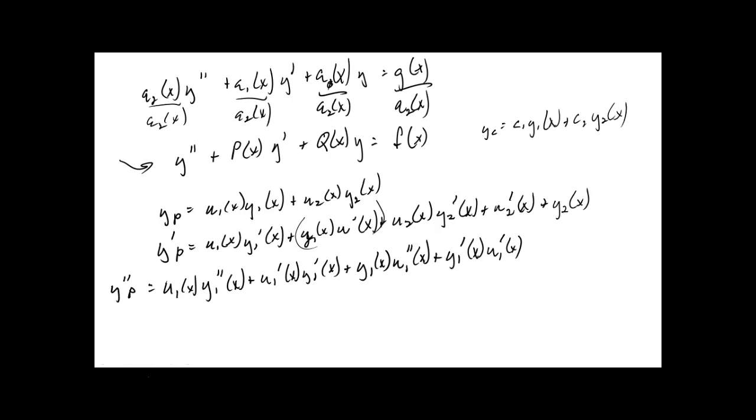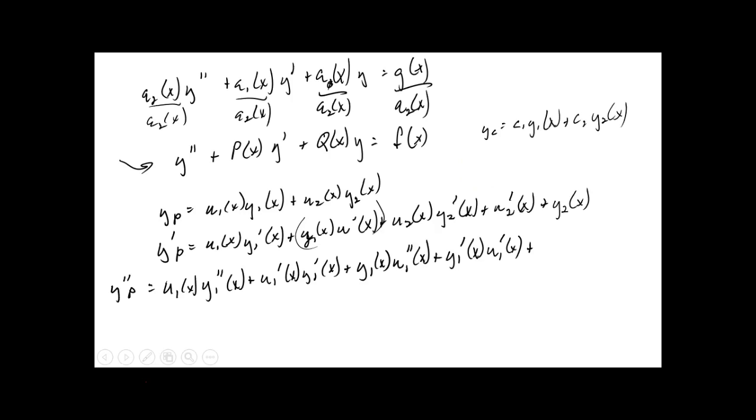Third one, u2 of x times y2 double prime of x, plus u2 prime of x.